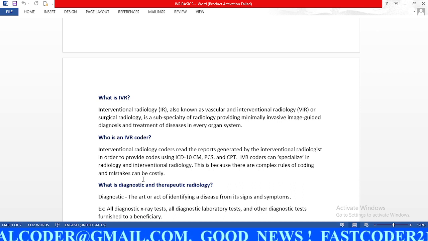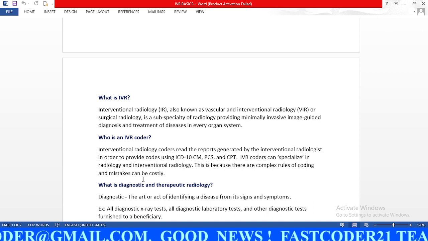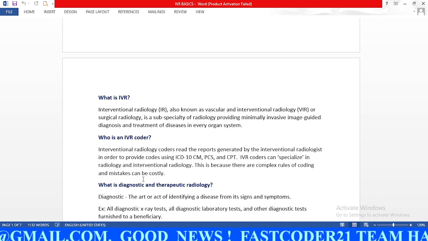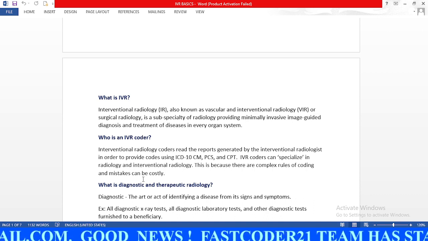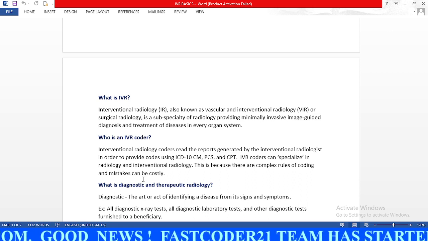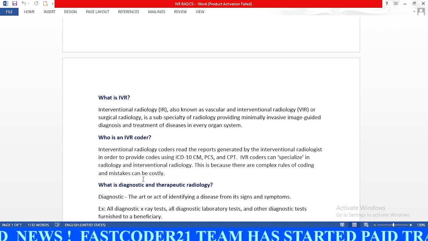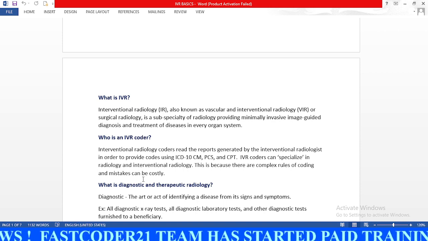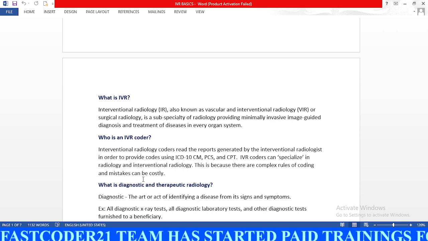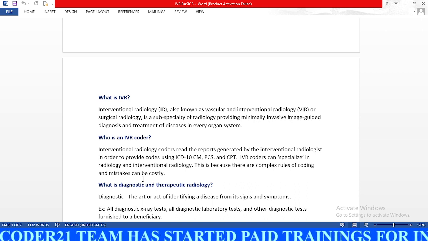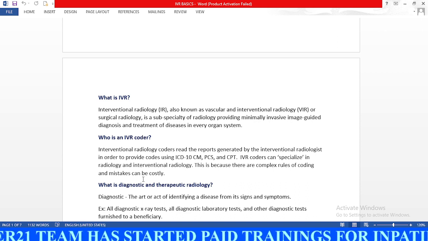So basically IVR uses radiology and minimally invasive image guided technology in order to treat diagnoses in every organ system, like the cardiovascular system, urinary system, and gastrointestinal system, and a few more.